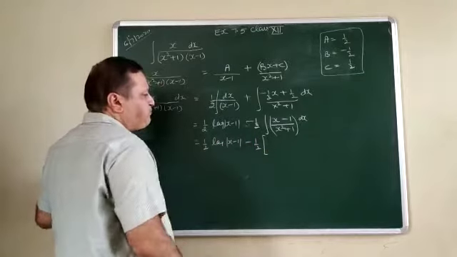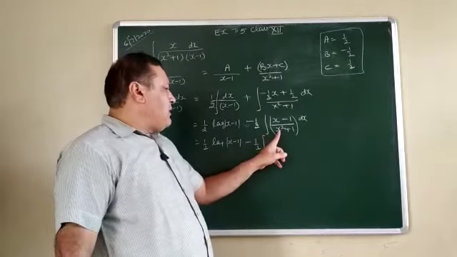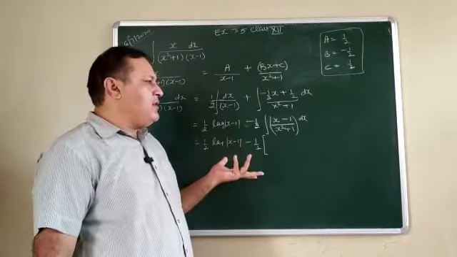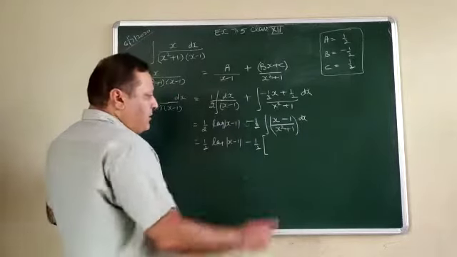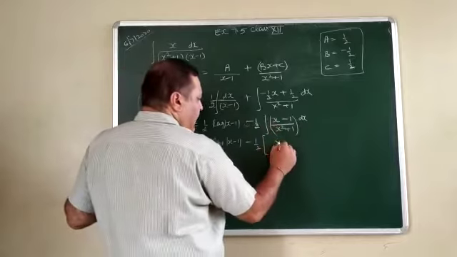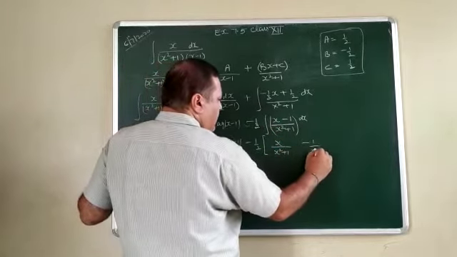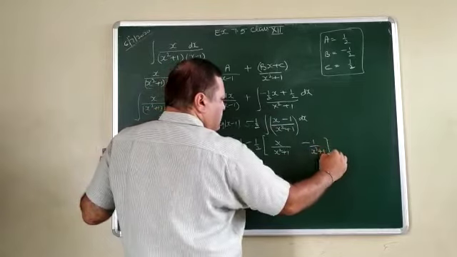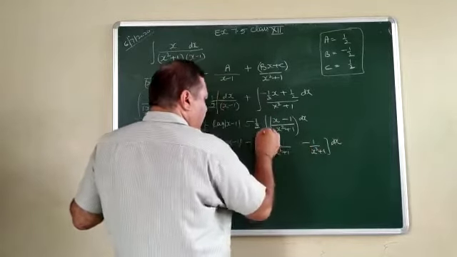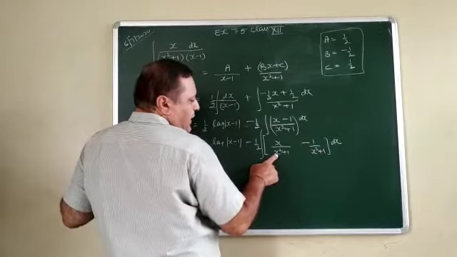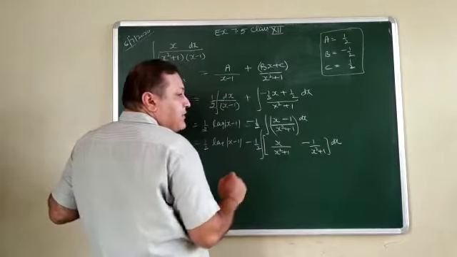See this one. If you observe, derivative of this function is available here, so we can go for that method, that is called substitution. But two functions are there, so x upon x square plus 1 minus 1 upon x square plus 1 along with dx. Now the derivative of x square plus 1 is 2x.